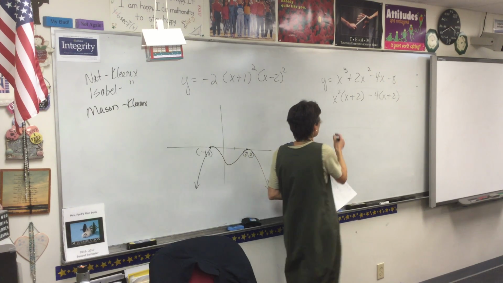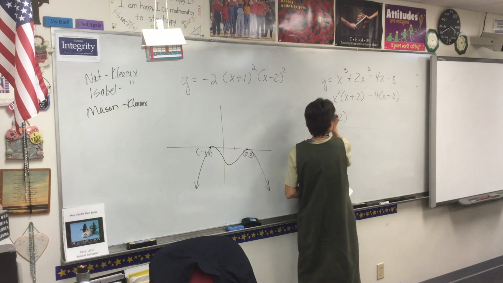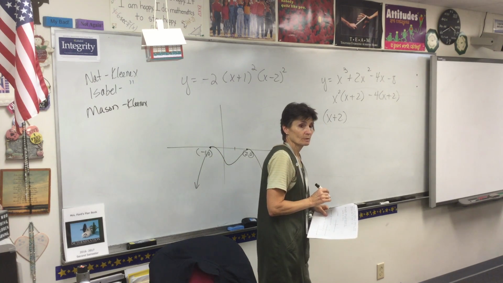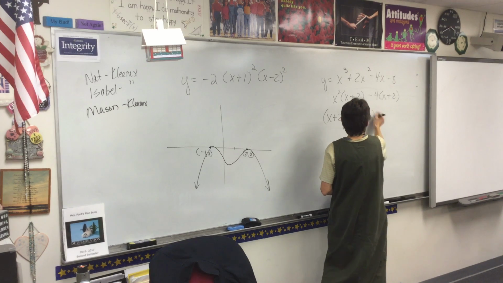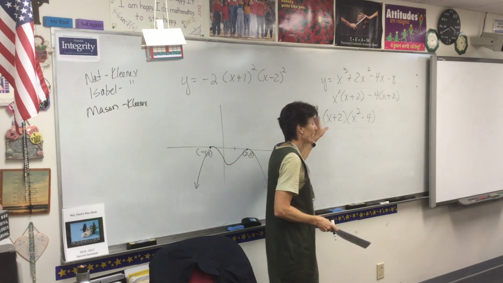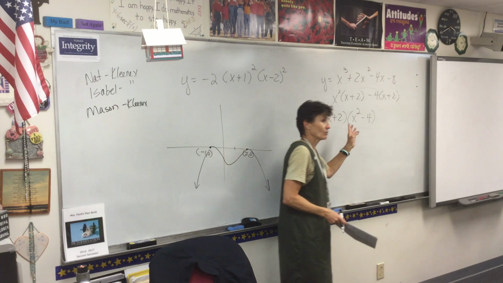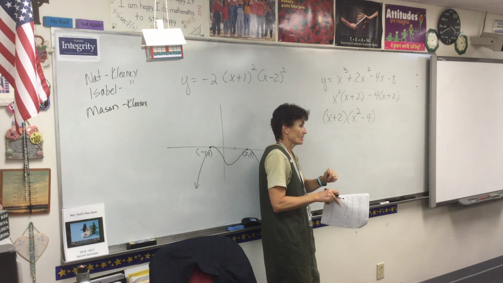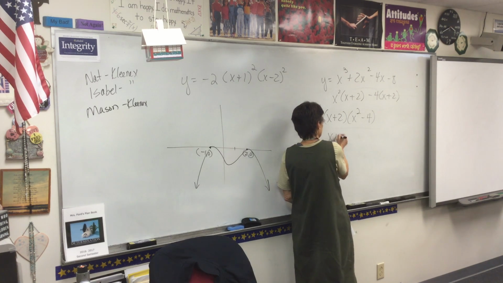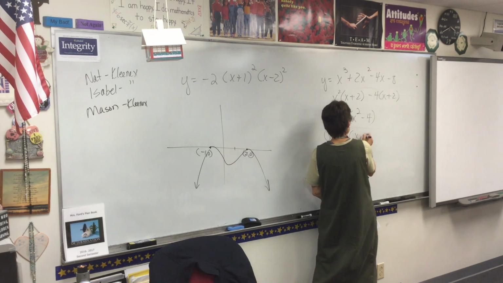So I have a common factor of x plus 2, right? And then I have x squared minus 4. Now remember, if you're going to do it this way, when you write that common factor, you don't square it or anything, you just write x plus 2. But this time, I don't remember this happening before.